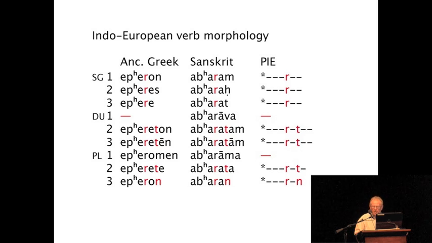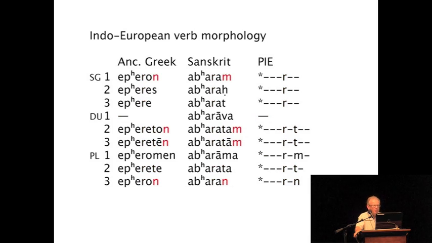So far we've been able to reconstruct what is identical across the two languages. Now it gets a little bit more difficult because now we want to try and reconstruct where there are differences in the two languages. So let's look at the nasals, the N and the M sounds at the end of words.